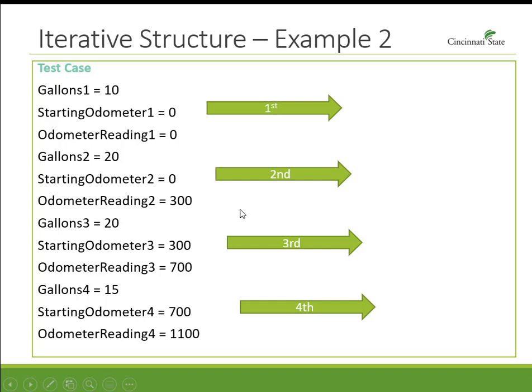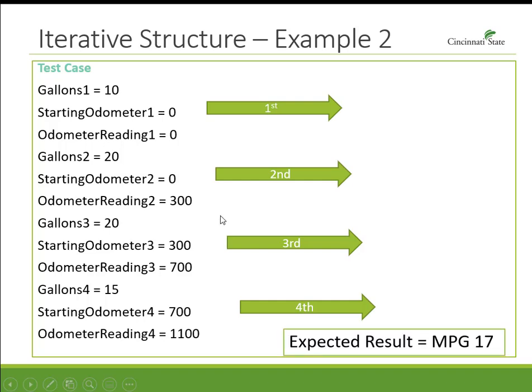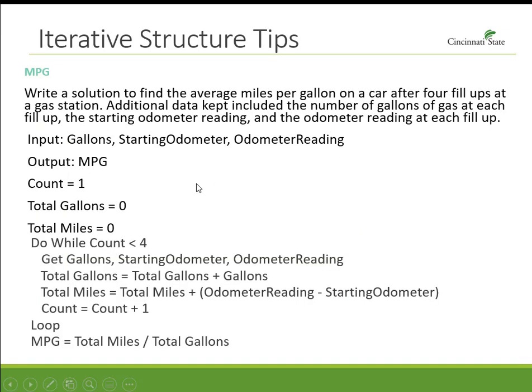Fourth fill-up, 15 gallons, starting odometer 700, odometer reading 1100. If you run through the math on this and you follow the logic in the previous slide, your expected result should be rounded up to 17 miles per gallon. So you need to run through that logic and create your test cases. And this is one test case just to show you the data. Well, let's go back and look at the code.